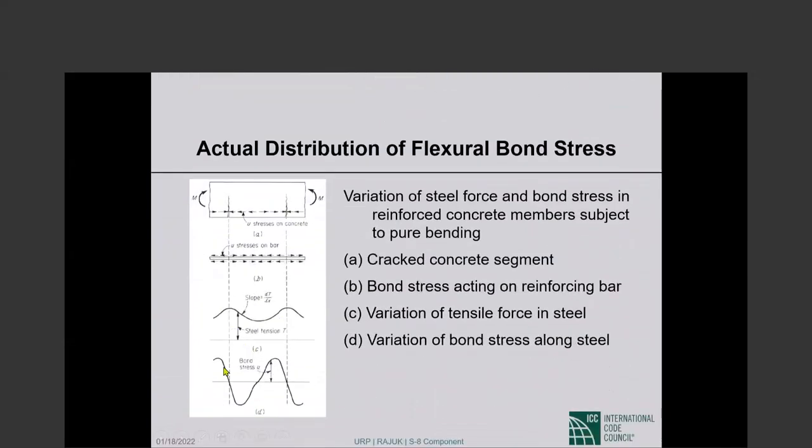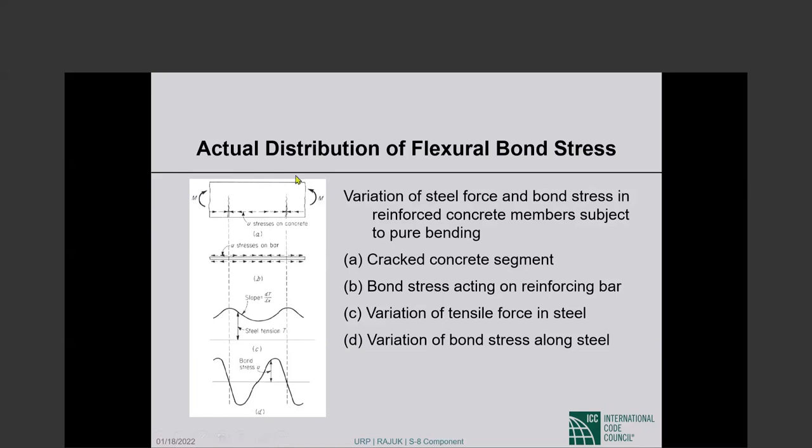As the tension varies, the bond stress varies, and where the rate of change of tension is the highest, the bond stress is the highest. Typically, we have the highest bond stresses close to the tension cracks. So here it is high, here it is high, here it is high. These pictures are not only realistic, these are basically representations of test results. So the way you see it is the way beams behave.